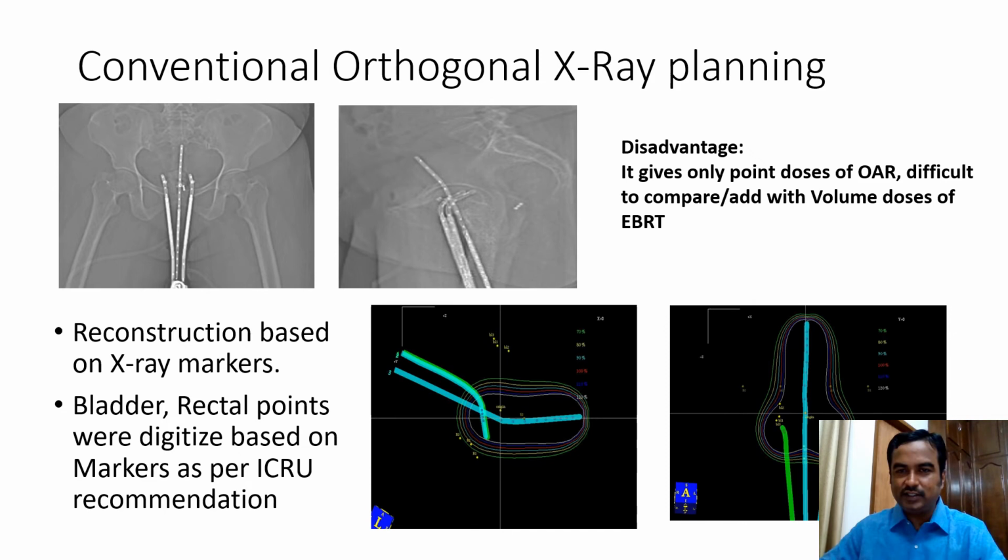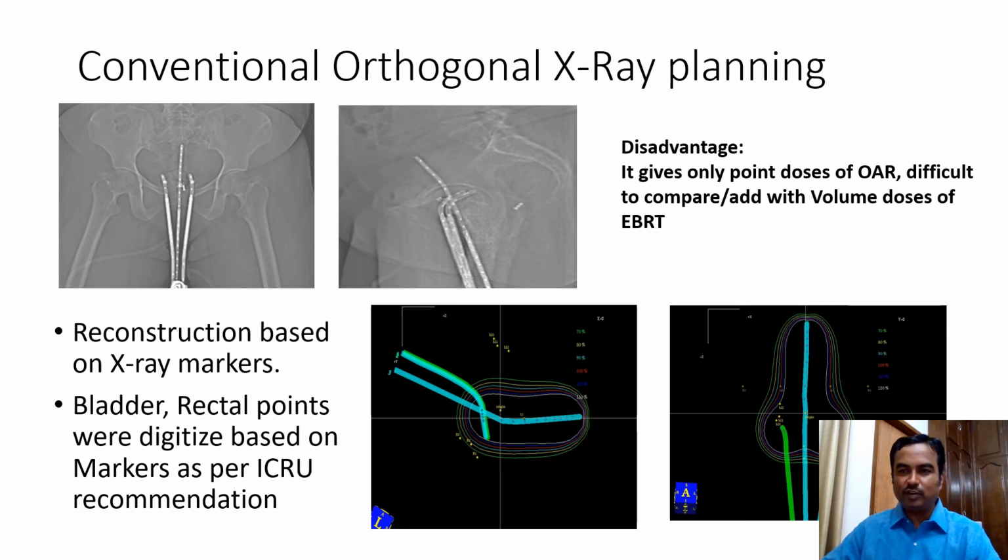And the biggest disadvantage of this method is that it only gives the point doses that have been received by the OARs. And when compared with 3D CRT and external beam, it is very difficult for you to take a decision, because external beam will give the volume doses. But here we have only the point doses.